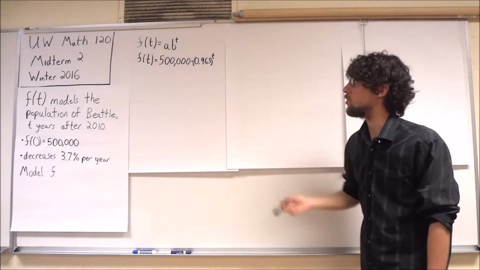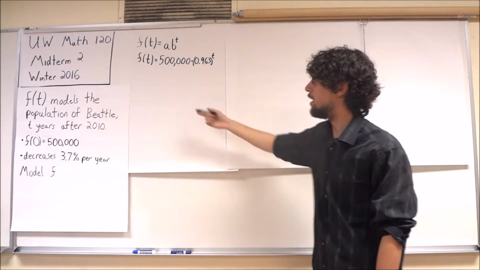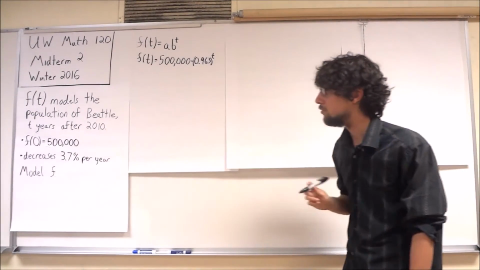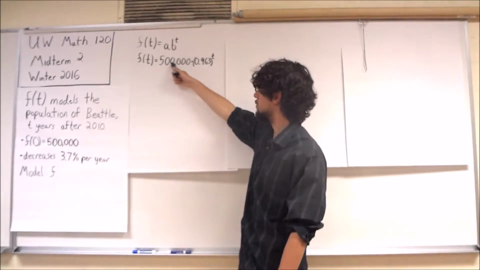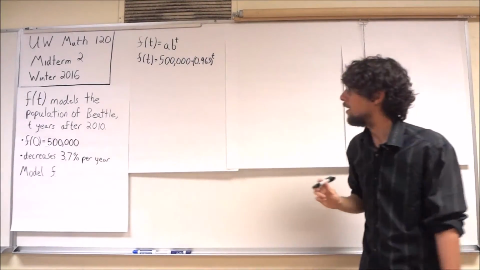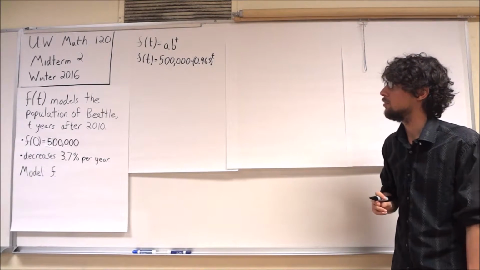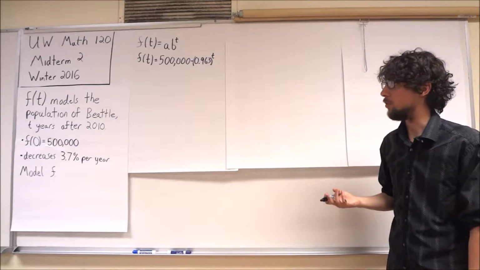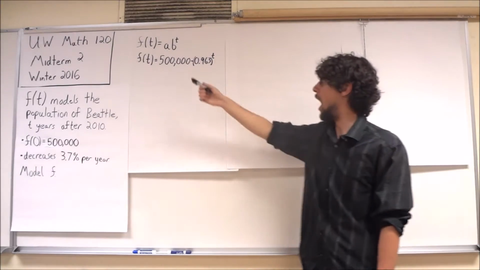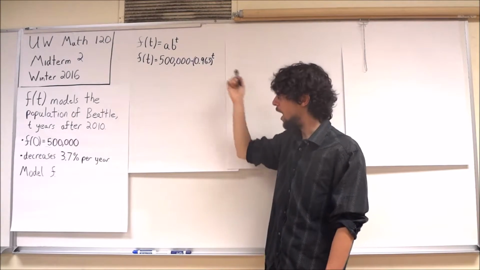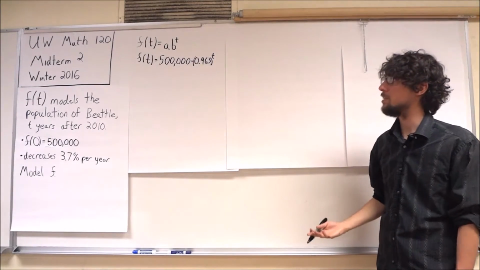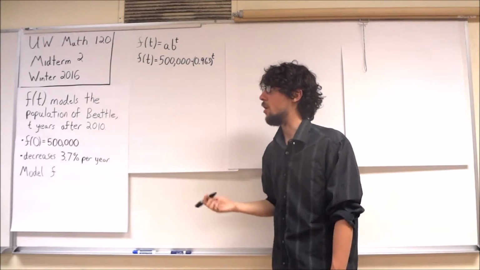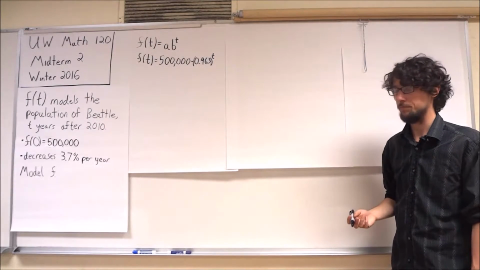So notice how this works. When I plug in t equals 0, I get 500,000 times 1. When I plug in t equals 1, I get 500,000 times 96.3%. And when I plug in t equals 2, I get 500,000 times 96.3% times 96.3% again. So we can see quite explicitly that this function does model the population of Seattle.